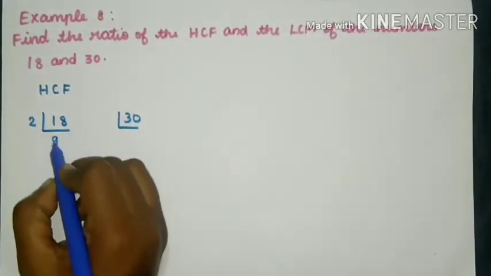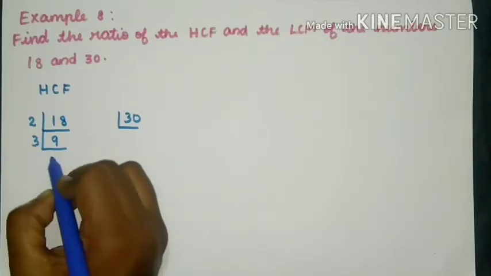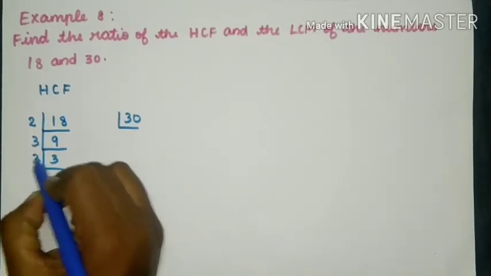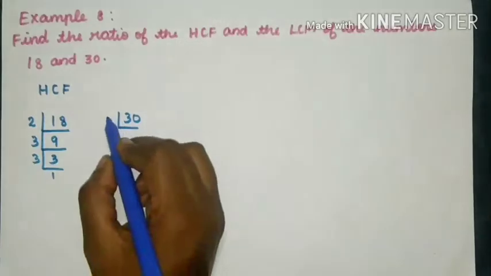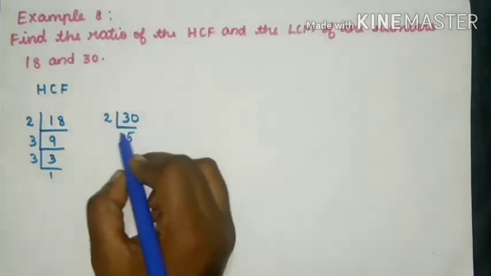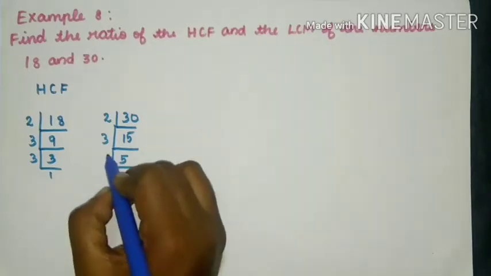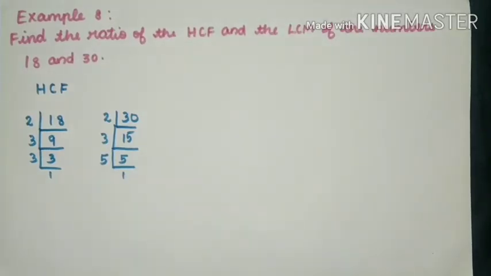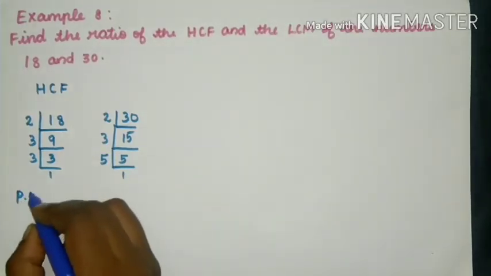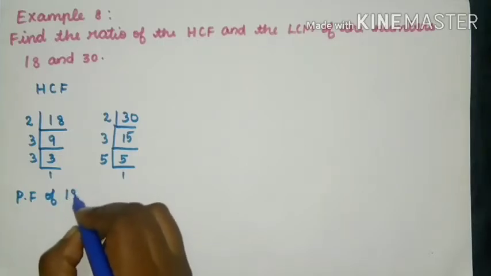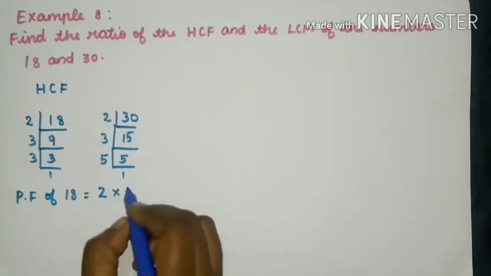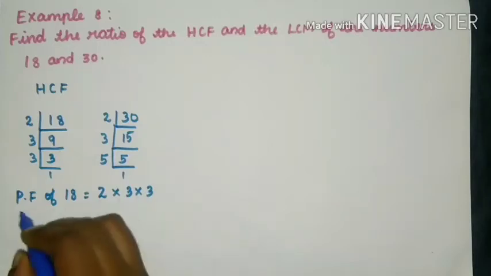2 9s are 18, 3 3s are 9, 3 1s are 3. 2 15s are 30, 3 5s are 15, 5 1s are 5. Therefore, the prime factorization of 18 is equal to 2 into 3 into 3.